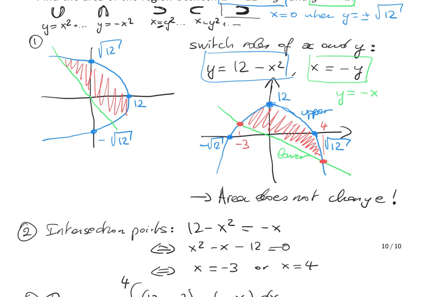The last thing that I want to say is, when you do switch the roles of x and y, or when you do that change of perspective where you look from the y-axis, then it's sort of to be expected that the area does not change. Why not? Because what you're doing in either case is you are actually flipping the whole figure around the first bisector.